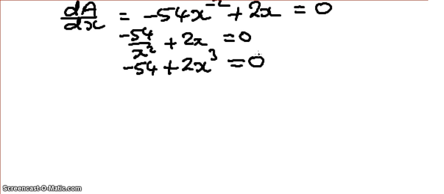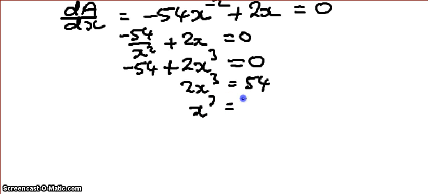Making x cubed the subject, 2x cubed would equal 54, which means that x cubed is equal to 27, so x is equal to the cube root of 27, x equals 3.